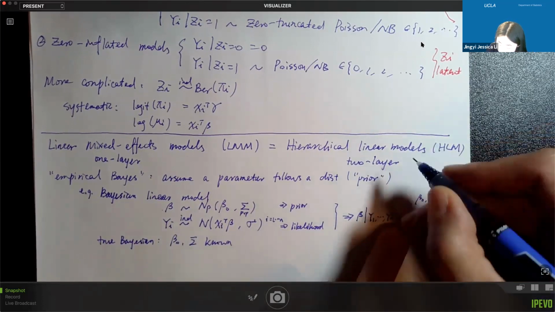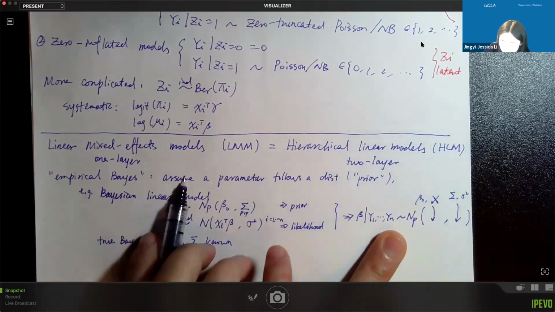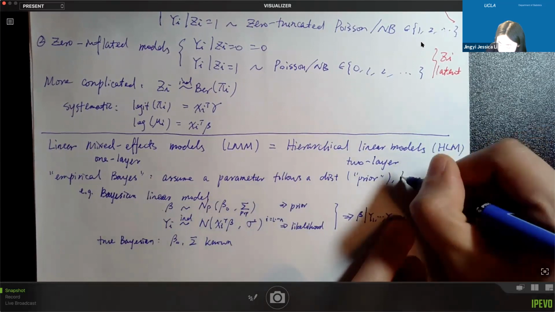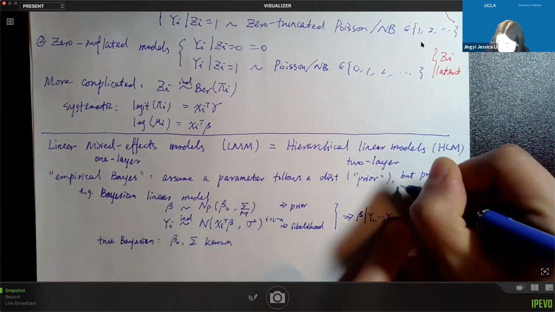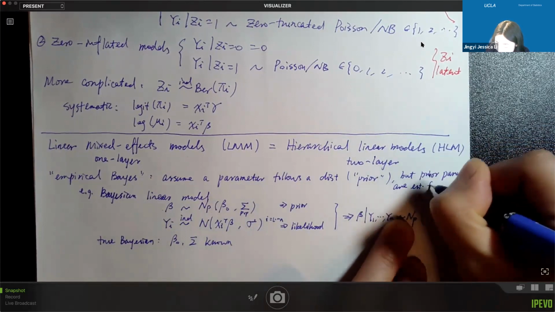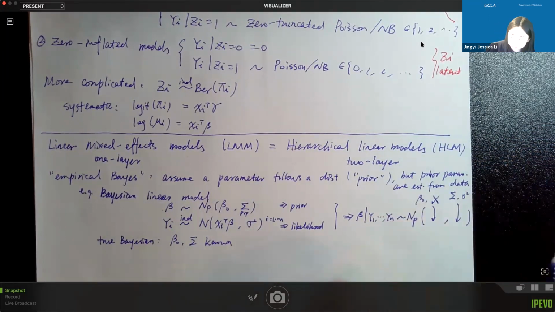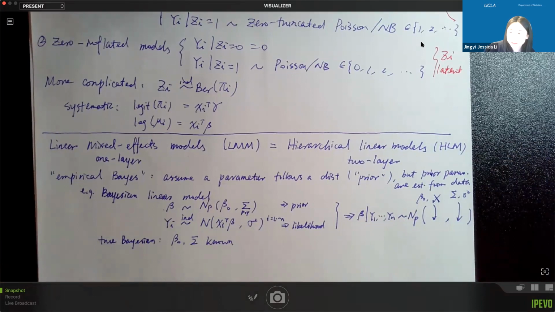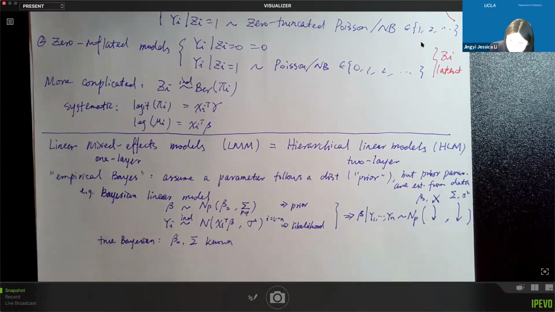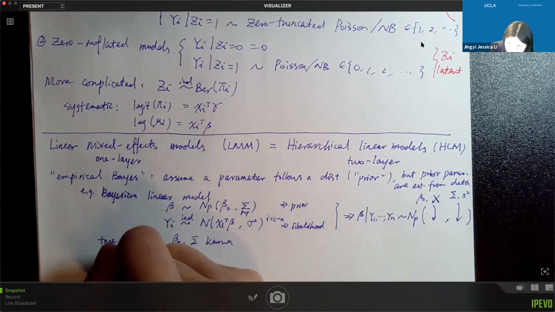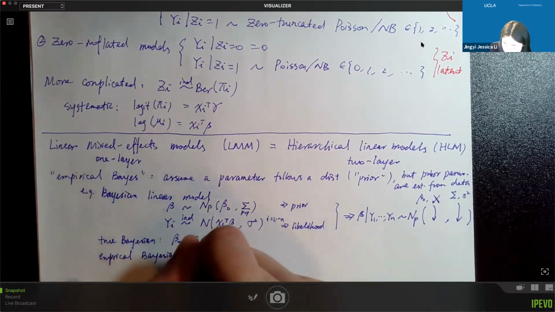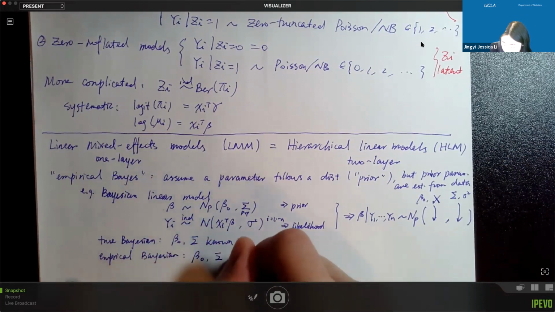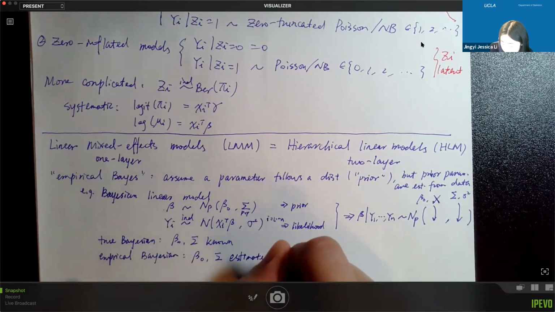So assume a parameter follows a distribution, but the prior parameters are estimated from data. So this is what empirical means. Empirical is related to the use of data. If we learn the prior parameters from data, we are empirical Bayesian. Beta 0, sigma estimated from data.